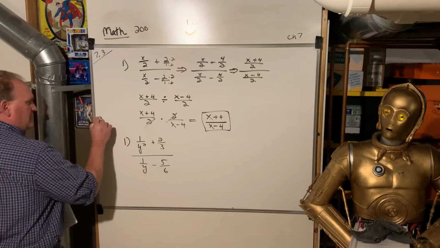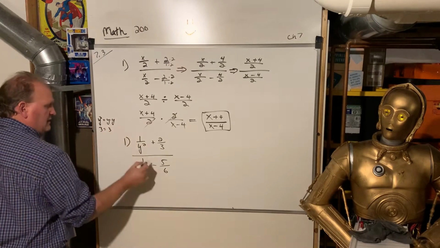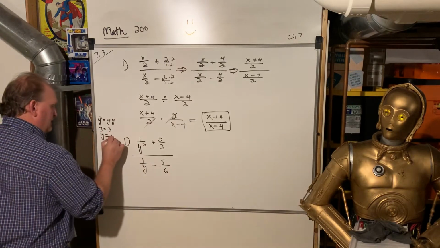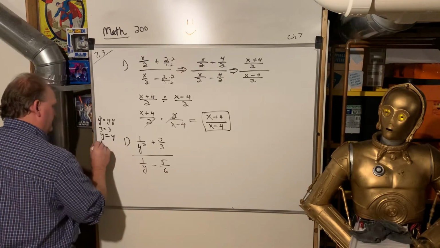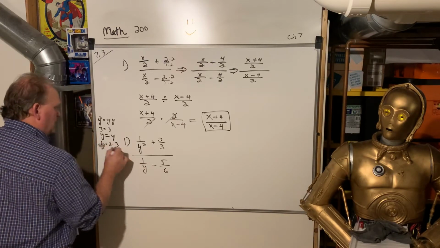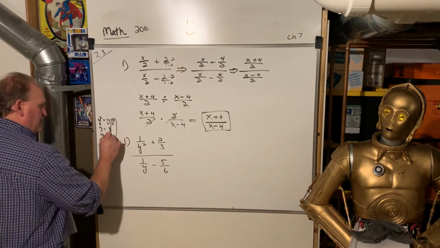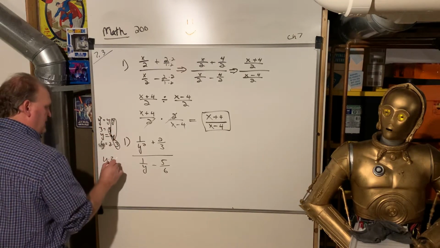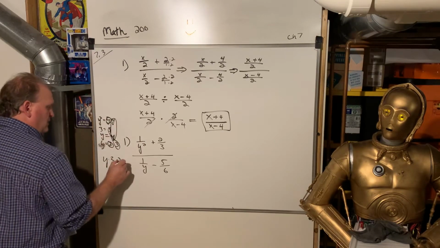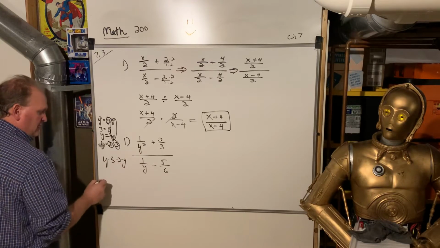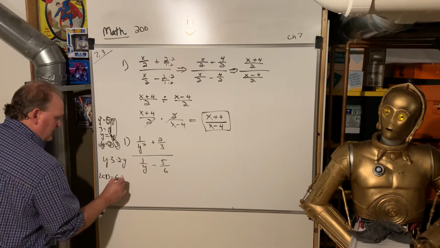So y squared is just y times y, 3 is just 3, y is just y, 6 is 2 times 3. And so now we're looking for matches. So there's a match there, y. There's a match there, 3. There's a leftover, 2. And that's a leftover y. So you take all the matches and all the leftovers, the LCD turns out to be 6y squared.